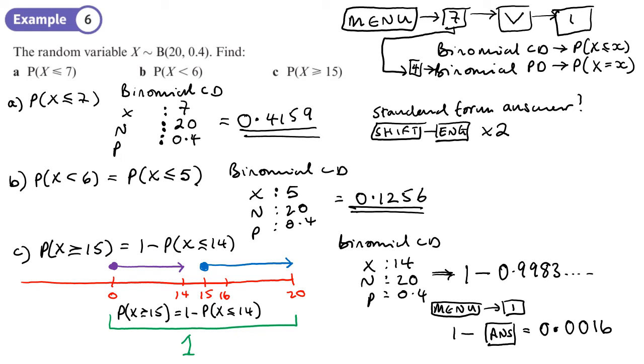So I did shift and the ENG button, I think I did that twice. The ENG button is next to the bracket, next to this bracket here. If you do that, it will do the hard work for you, and it's really handy, just changing things back to 10 to the power 0, which is how we would normally expect to see it.